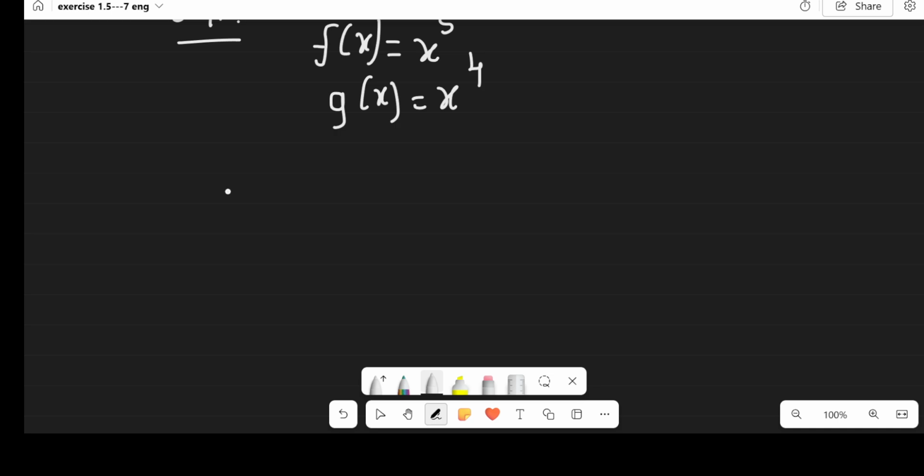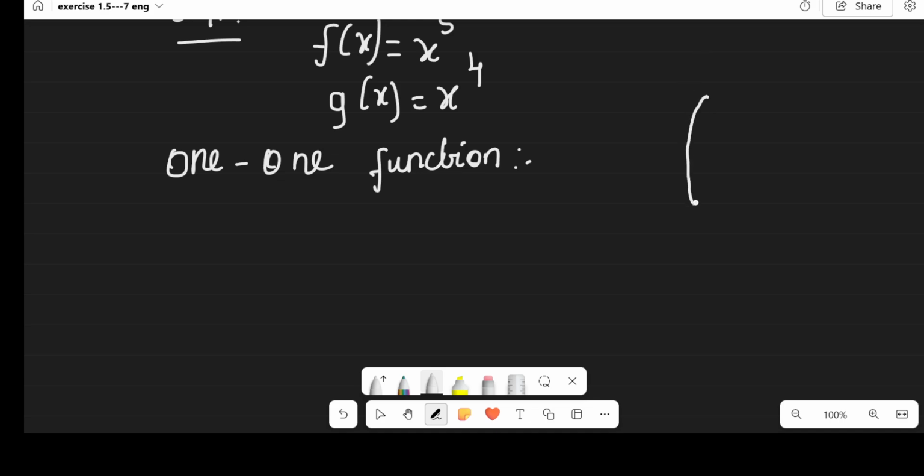Here, what is 1 to 1? We need to know what a 1 to 1 function is. One to one function means, suppose we have two sets, 1, 2, 3 and 3, 2, 1.